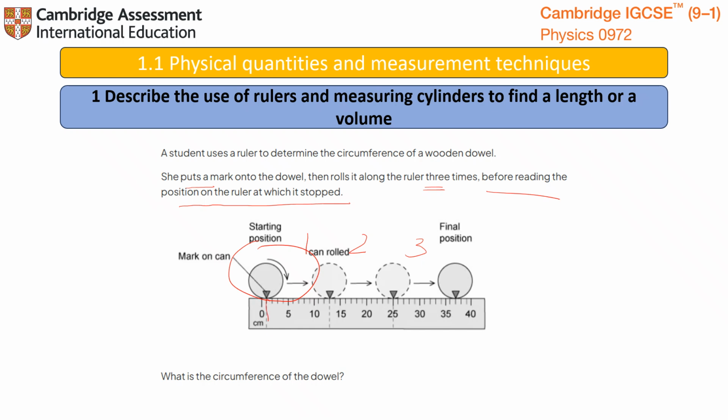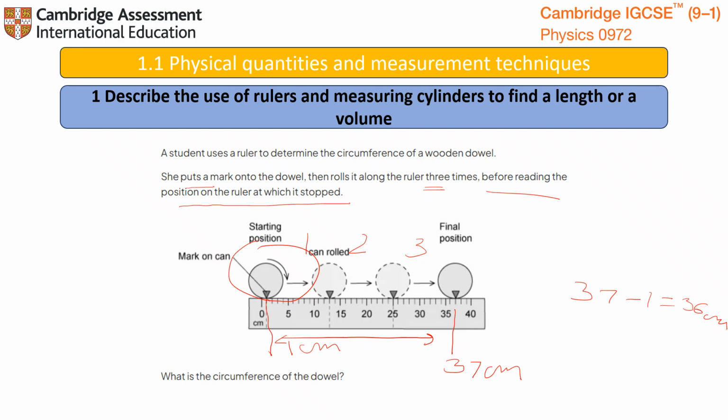So at the starting, the reading is 1 centimeter, and we see that at the ending, the reading is 37 centimeter. So this distance is equal to 37 minus 1, which is equal to 36 centimeters. And it is rolled 3 times.